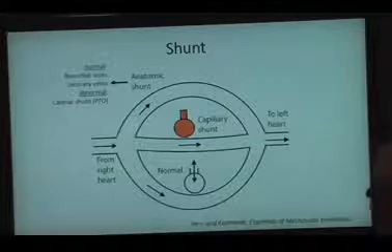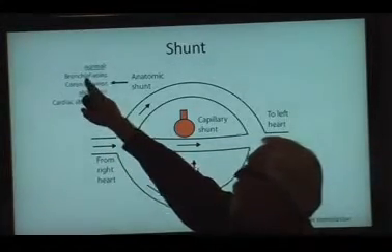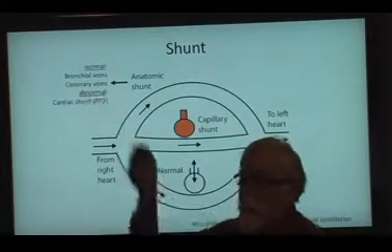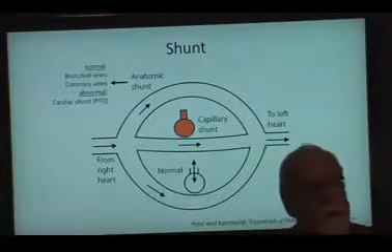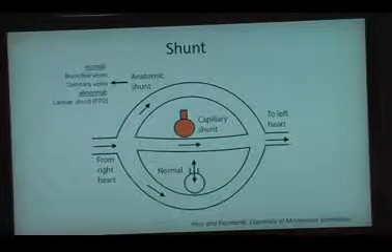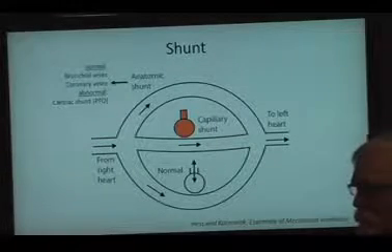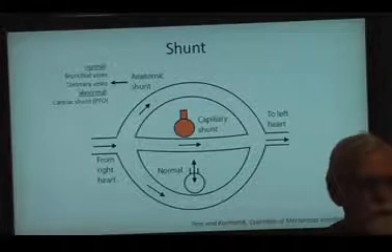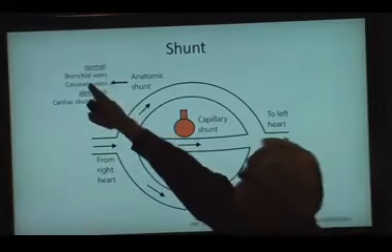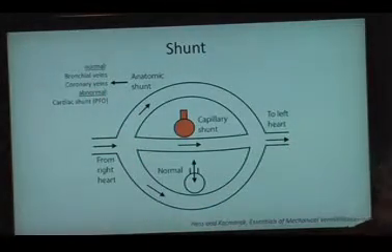Normally, actually, we all have anatomic shunt as a result of blood from the bronchial veins and the coronary veins dumping into arterialized blood. So part of the reason why we all have a gradient of 5 or 10 millimeters of mercury between our alveolar PO2 and arterial PO2 is because we all have some anatomic shunt, every one of us.